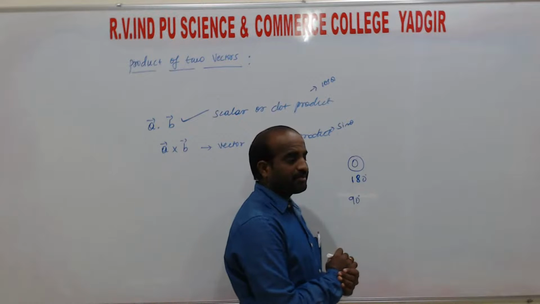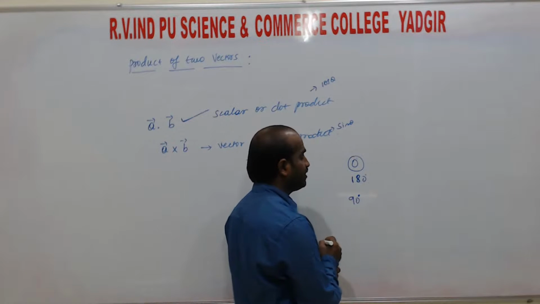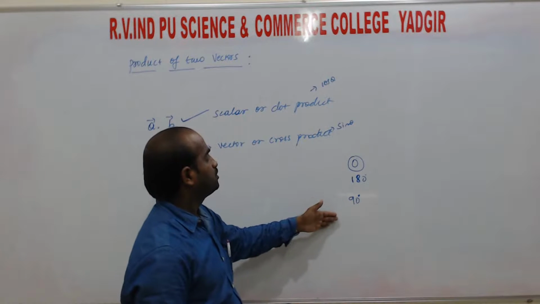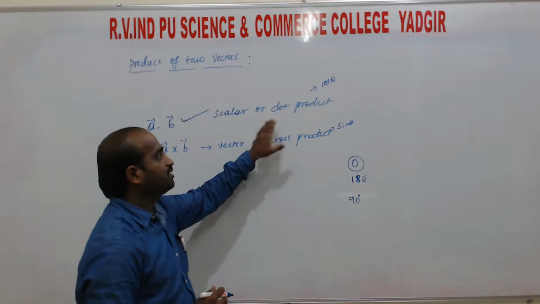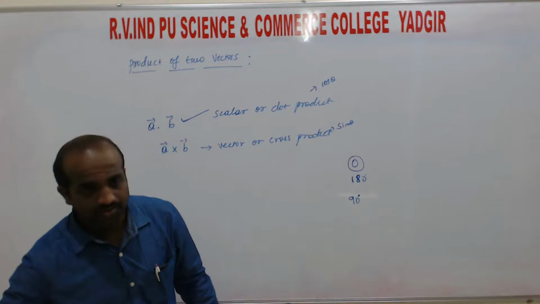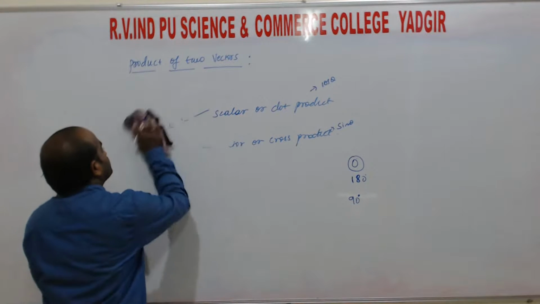It is maximum at 90 degrees. That's why we use cos theta in dot product and sin theta in cross product. Next we will study one by one.